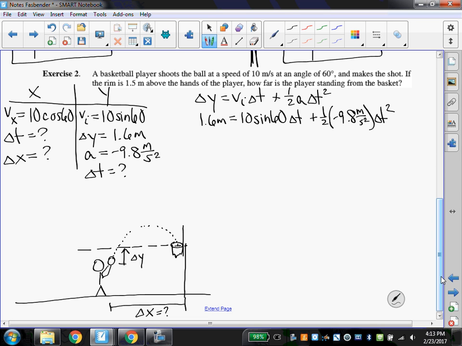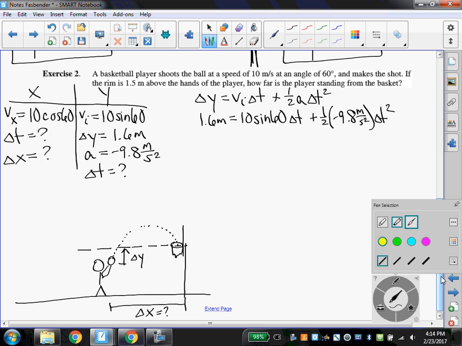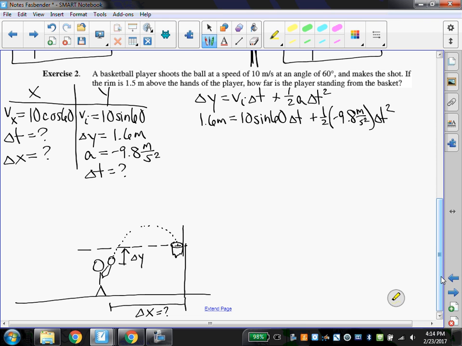If we look at this, this is very interesting for us, right? Because we've got a delta t squared, we've got a delta t, and then we've got no delta t. That screams quadratic equation to me.